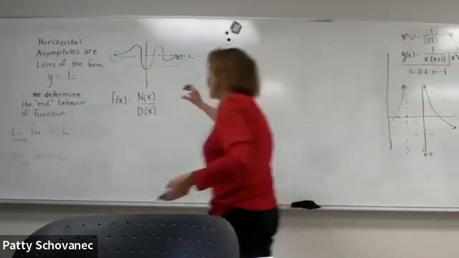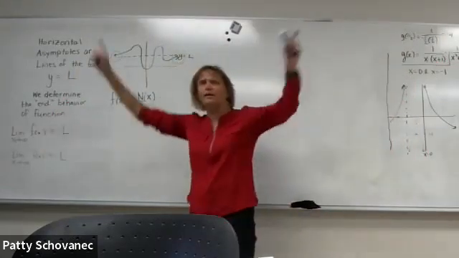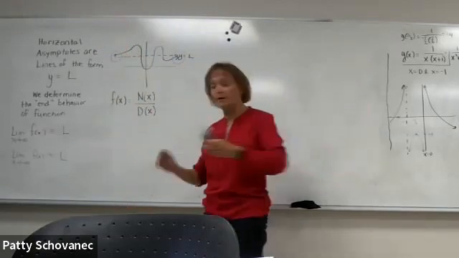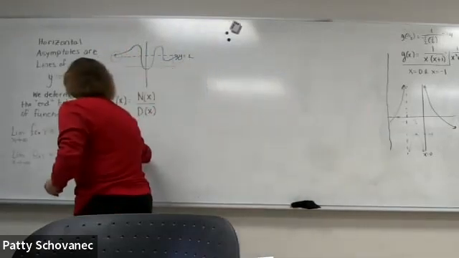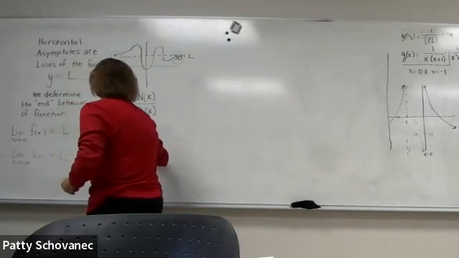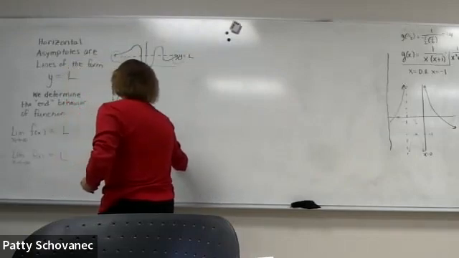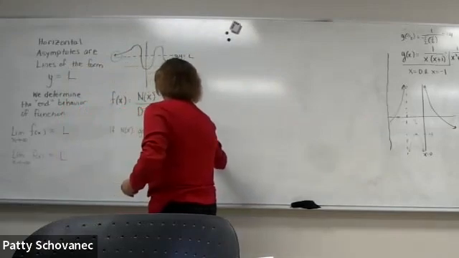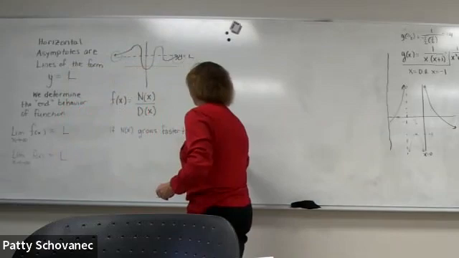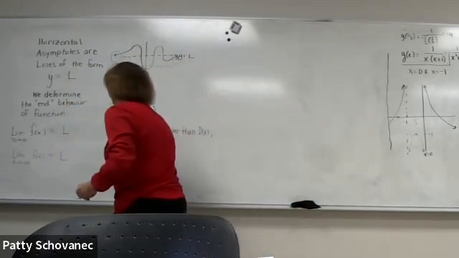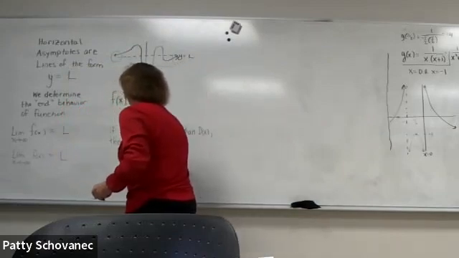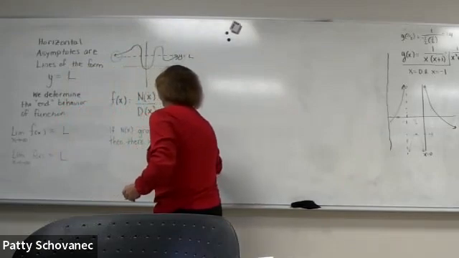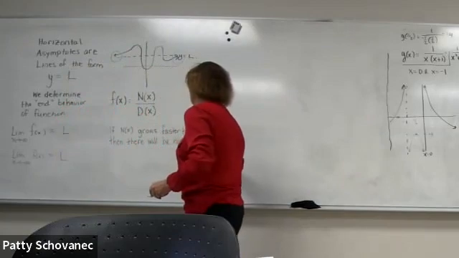If the numerator grows faster than the denominator, then the ends of the graph will get real big, big negative, big positive, right? So if the numerator grows faster than the denominator, then there will be no horizontal asymptotes.